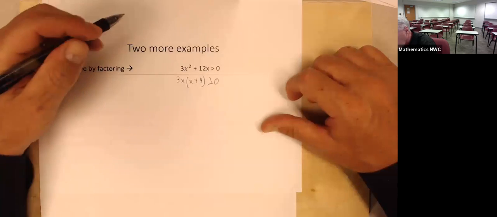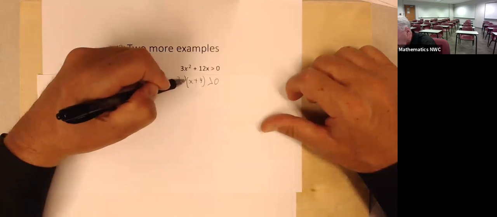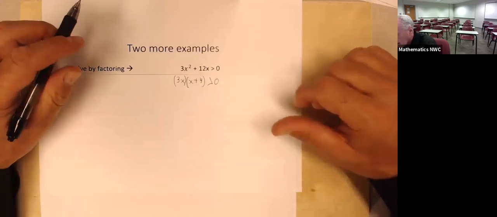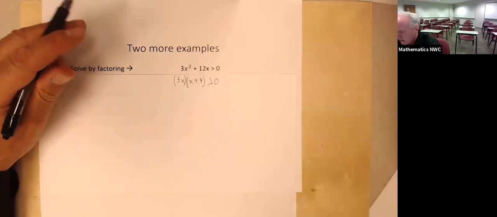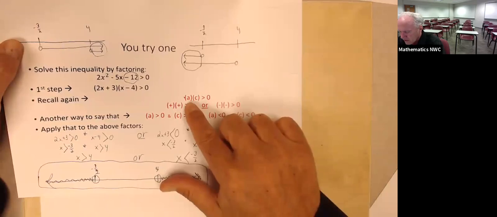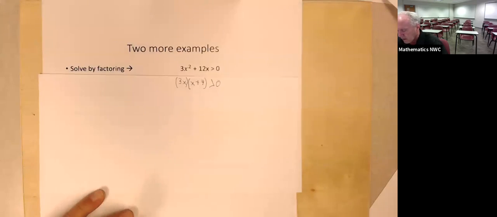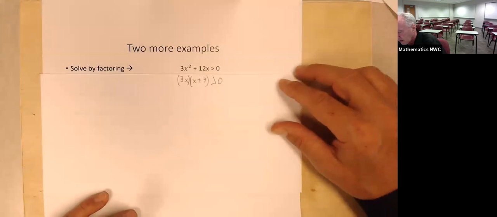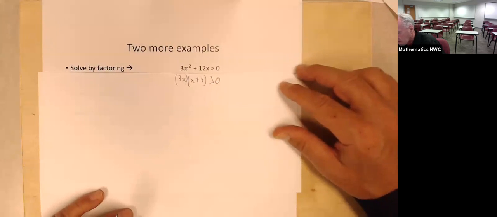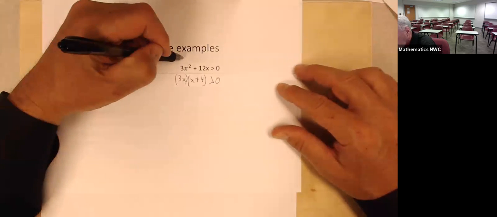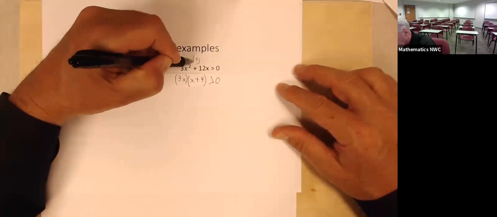Greater than 0. We don't normally put parentheses around the 3x, but I could, so that it reminds us of parentheses a times parentheses c. Same principle as what we've been using. Okay? Well, let's see if we can do it without having the red right here. Remember, they could both be positive, correct?